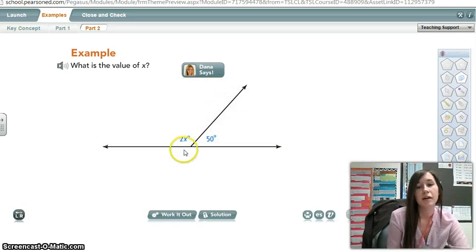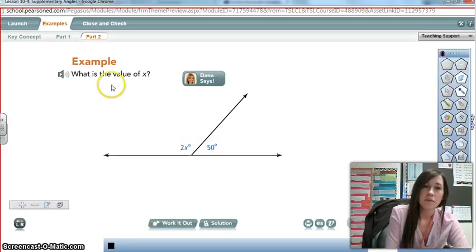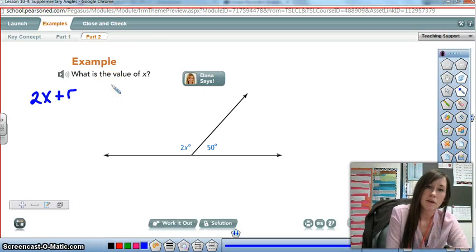Right, in this diagram, we have an example of two supplementary and also adjacent angles. They're supplementary because they make this straight angle. So we know that this plus this must make 180. They're also adjacent because they are sharing that vertex and that side. We know that they're supplementary, so we know that 2x plus 50 must equal 180.